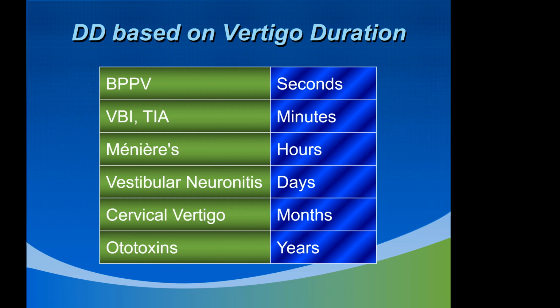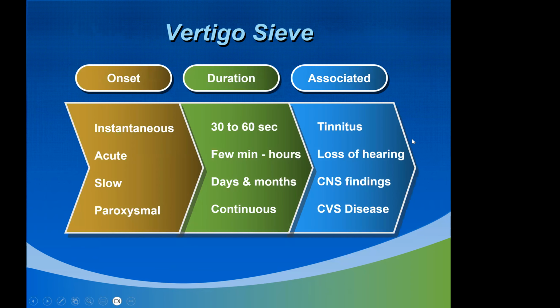Ototoxins, years together. So the duration itself speaks the diagnosis. Very transient vertigo, BPPV; minutes, VBI; hours, Meniere's; days, vestibular neuronitis; many months, cervical vertigo; years, ototoxins. Okay, based on the duration.